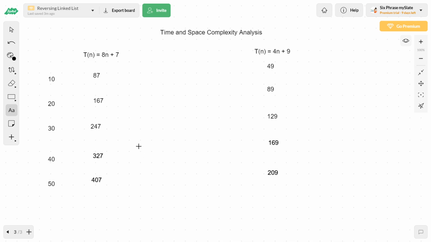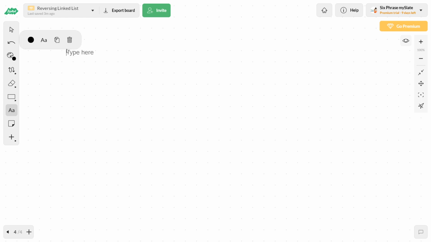Okay. So time complexity is fine, both are order of n. But coming to space complexity. Space complexity of method 1 is equal to 4 plus n unit space, which is linear space, order of n space.